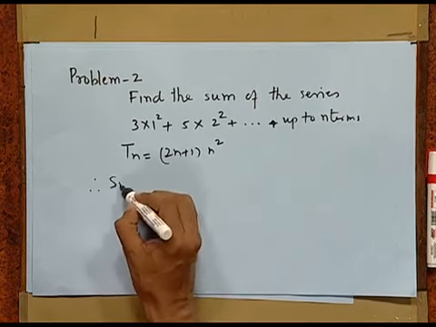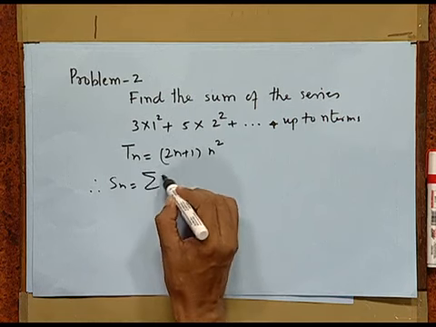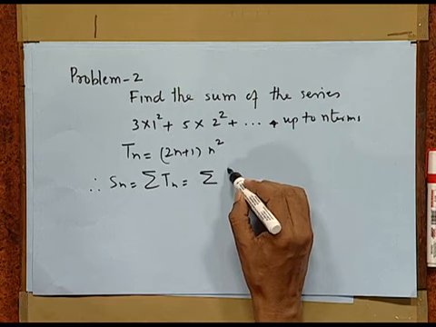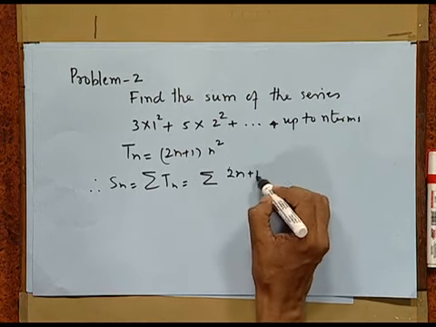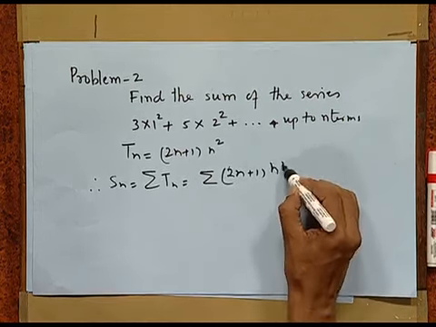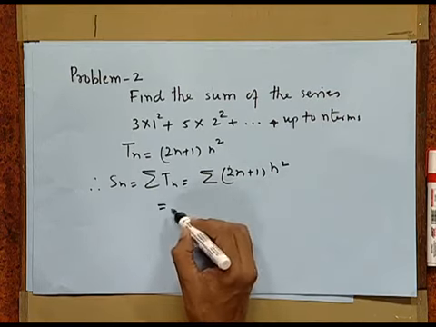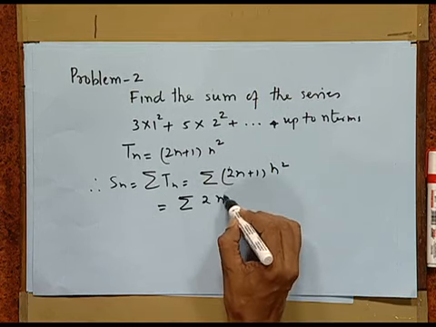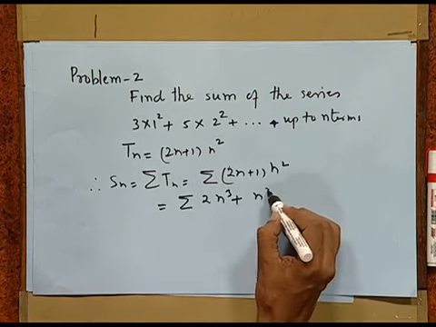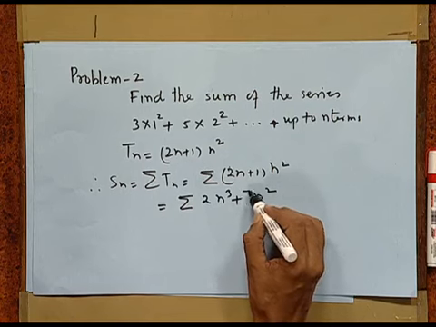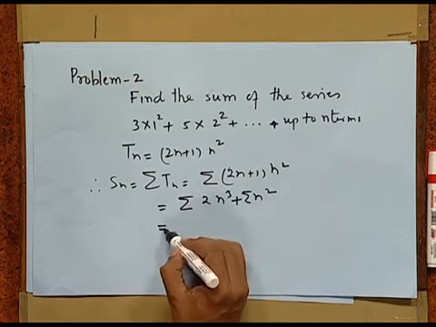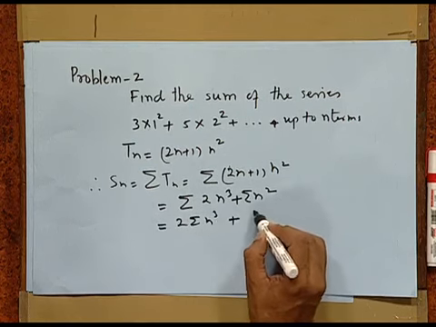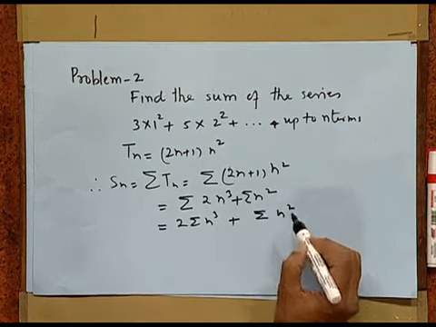Hence Sn will be sigma Tn equal to sigma of 2n plus 1 times n square, which equals sigma 2 n cube plus n square, which equals 2 sigma n cube plus sigma n square.